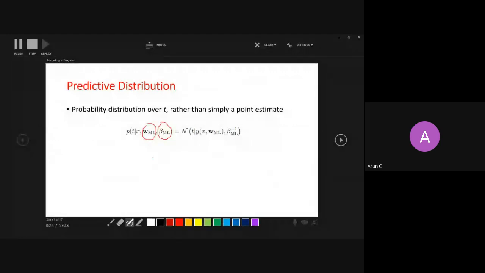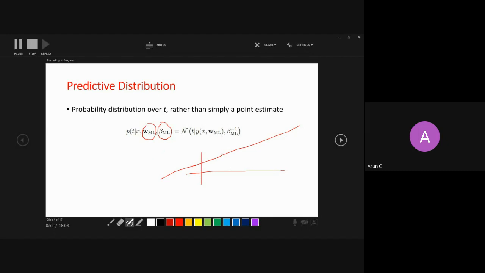I got some curve now because W and beta were the ones deciding the curve and uncertainty, right? The curve was decided by W. So let's say that was a line, and beta is deciding how far I can predict. If beta is 0, then you are not allowed to deviate from the line.